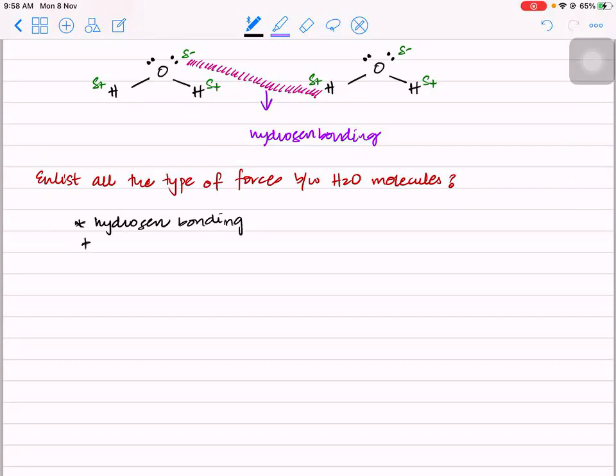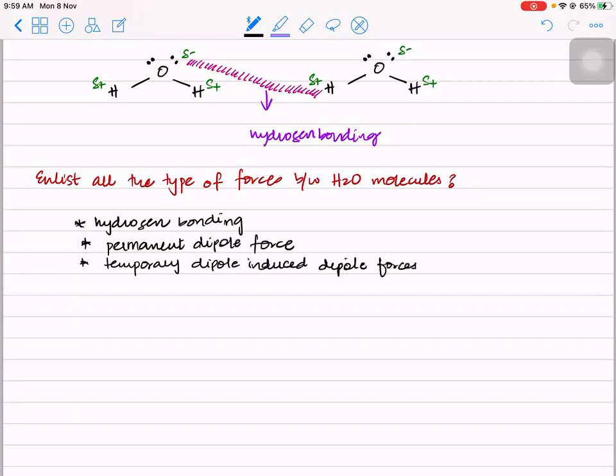Permanent dipole force, because I told you hydrogen bonding is a type of permanent dipole force. And what else will we have? Temporary dipole forces, because I told you those are found in all molecules. So you have temporary dipole, induced dipole forces as well. So you have all three types. But if I ask you which one is the strongest of these forces? Hydrogen bonding. Is this clear?